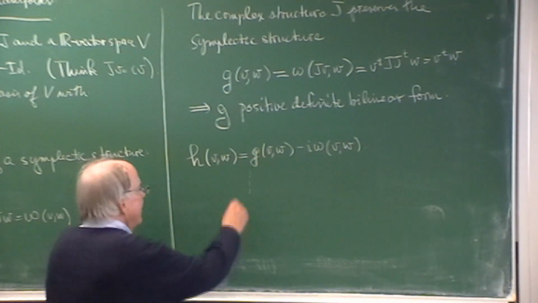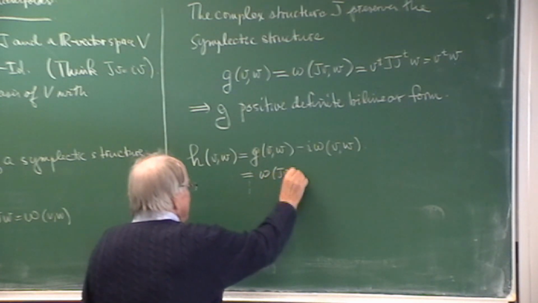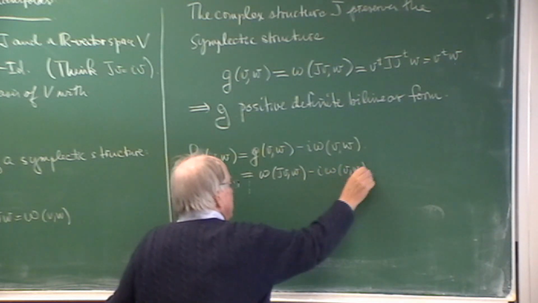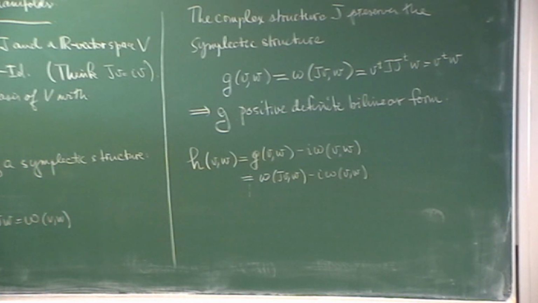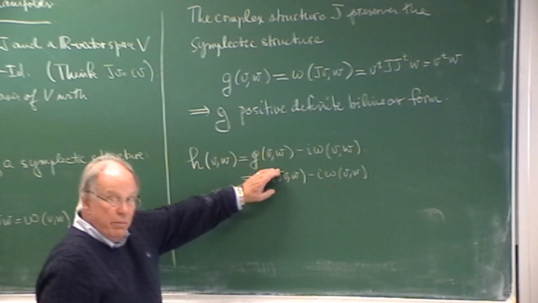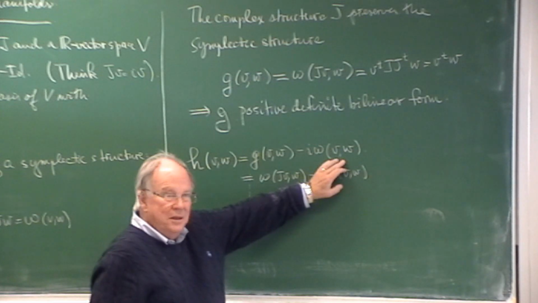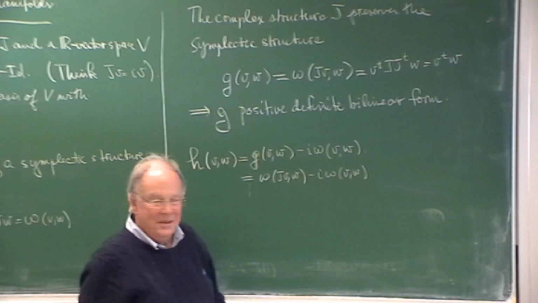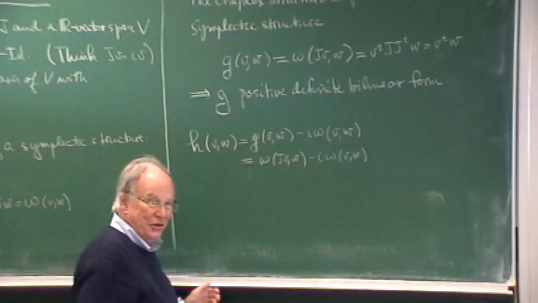By the way, let me just write this as it was: omega of J V, W plus I omega of V, W. So you have the real part of this thing is a positive definite bilinear form. The imaginary part of this thing is an alternating non-degenerate form. We put them together using a complex structure and you get a thing here, and let's check that it's Hermitian.